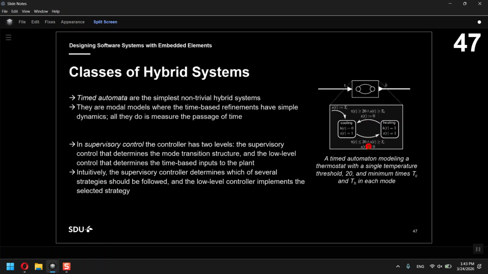That would be flawed in itself if there was nothing else, but there's another guard, and that's a timer. We have a timer that is originally set to TC, and if the timer is greater than TC, it allows you to change and you reset the timer.